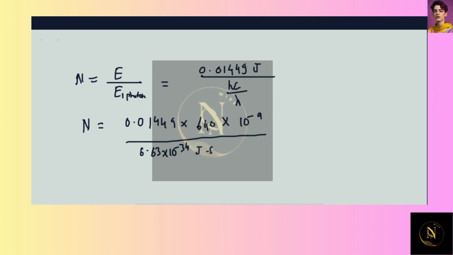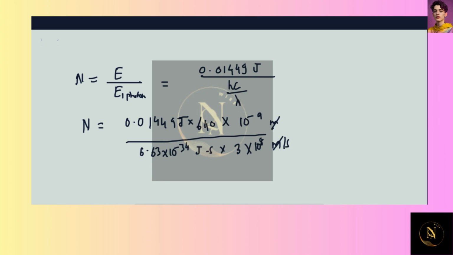So here we have meters, and here, let me just write the unit for energy, joules. So this is J, times c, which is 3 times 10 to the power 8 meters per second.